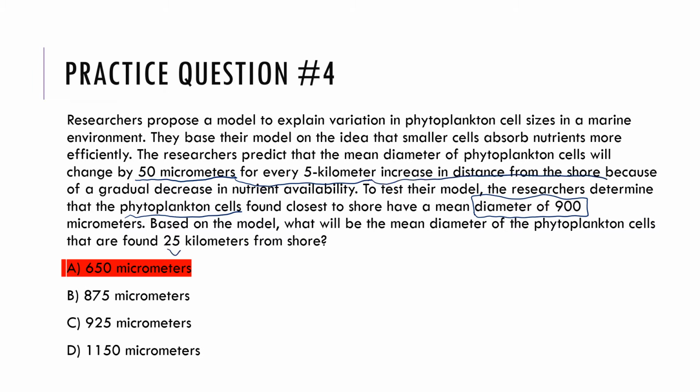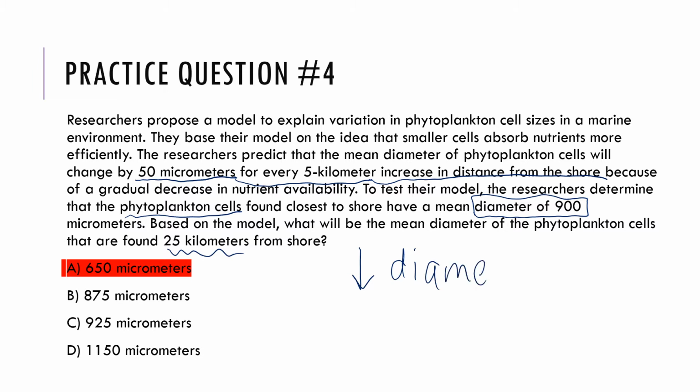So we are now 25 kilometers from the shore. What do we predict that size to be? Well, we just have to know that every 5 kilometers, we're going to decrease the diameter by 50 micrometers.